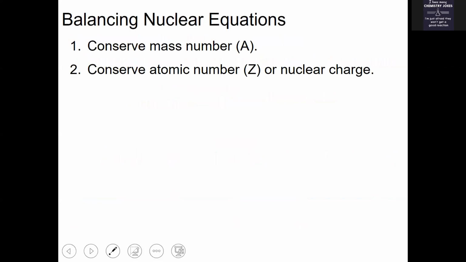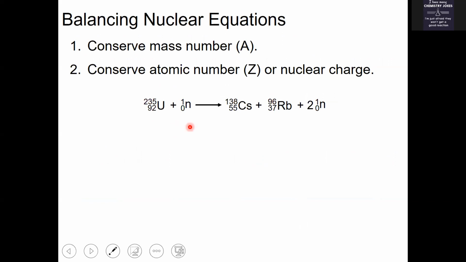So nuclear equations are different from our traditional balancing of chemical reactions, but they're not difficult. I've got faith in you. You can do this. You just have to be able to do some addition and subtraction. You must conserve mass, and you must conserve atomic number or nuclear charge.